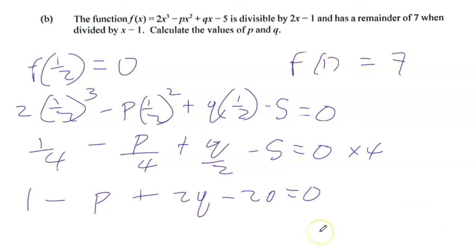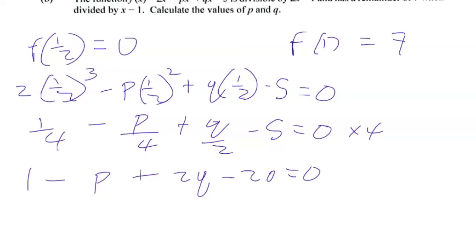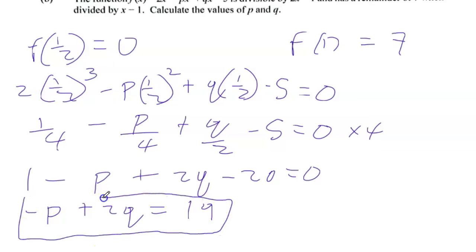And of course, we can group the constants on the right hand side. So we have minus p plus 2q equal to, you bring over these constants, positive 20, negative 1. So you get 20 minus 1, which is 19. So that's one equation. It's called equation 1.